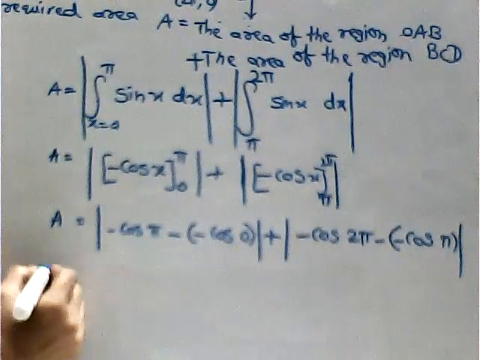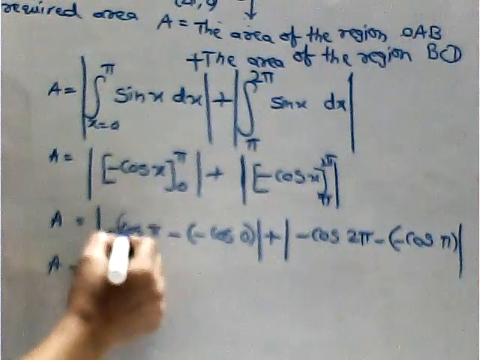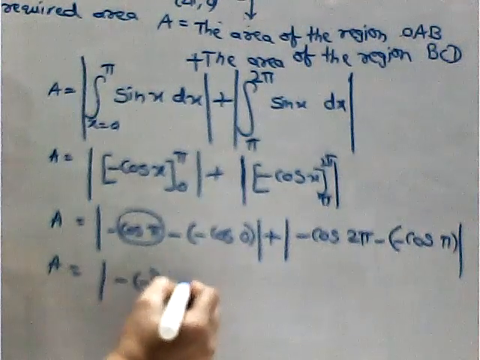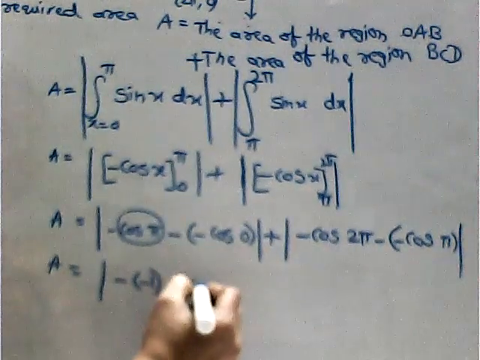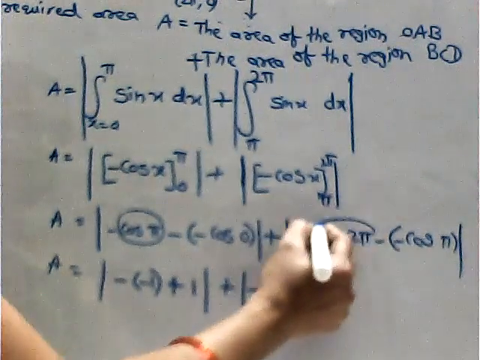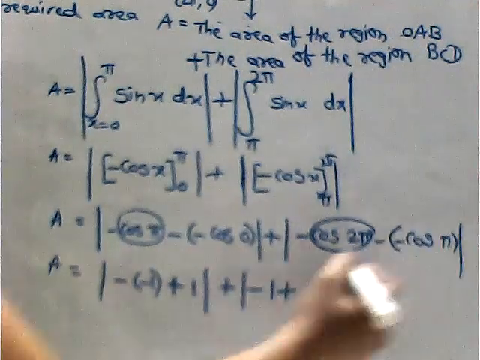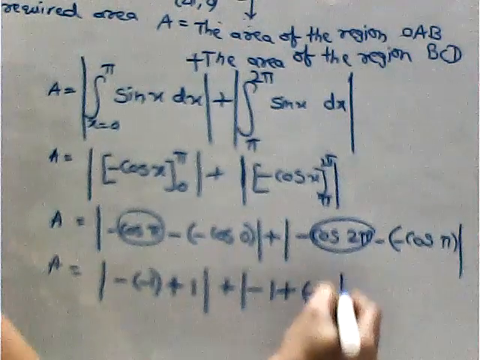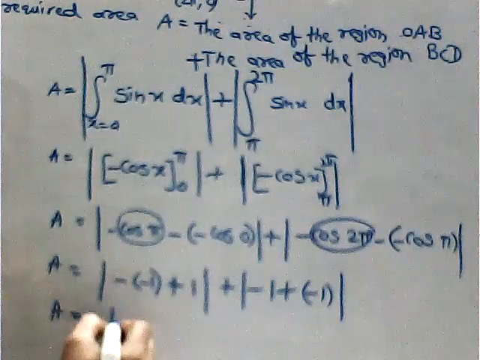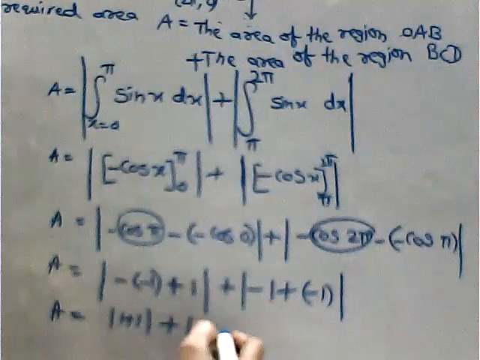Now A equals minus cos pi. Cos pi is equal to minus 1. Minus into minus plus cos 0, whose value is 1. Plus minus cos 2 pi. Cos 2 pi is 1. Minus into minus plus cos pi, value minus 1. So now this value is minus into minus 1, plus 1, that is 1 plus 1, plus modulus of minus 1 minus 1. Minus 1 minus 1.